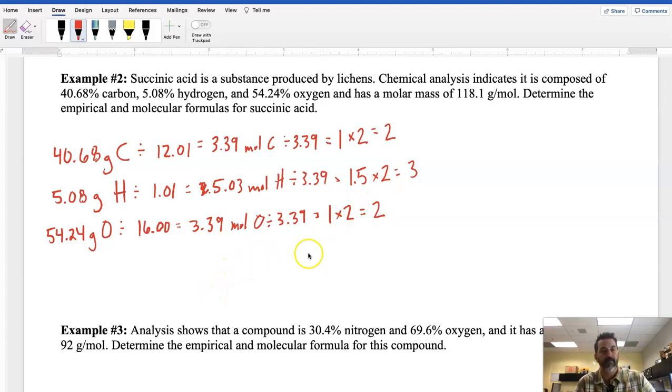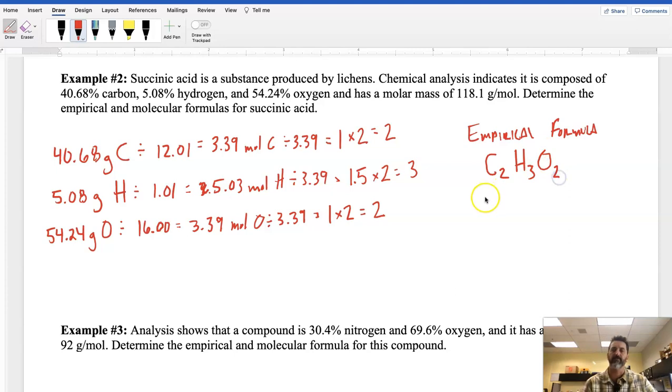All right, which is my empirical formula. So my empirical formula is C2H3O2.